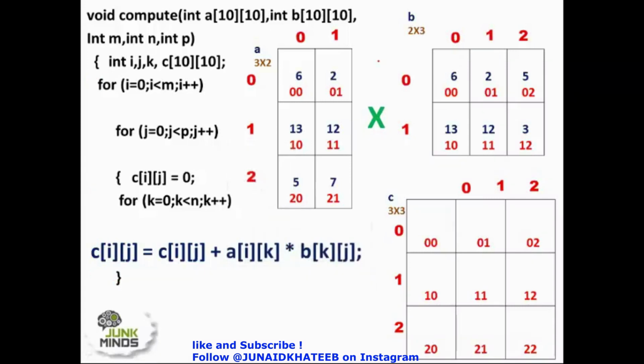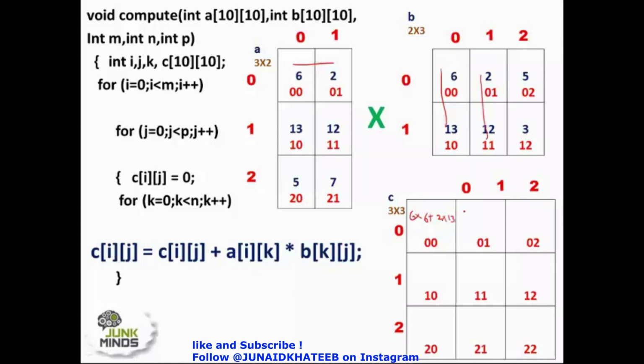Observe. If I want to multiply these two matrices that you see over here, now I'm talking of the drawings that you see. The basic idea of matrix multiplication is that you multiply the rows of the first matrix with the columns of the second matrix. If I take this example, I'll multiply this row with this column. So this will be 6 into 6 plus 2 into 13. It will give me this value. Then I'll multiply this first row with the second column.